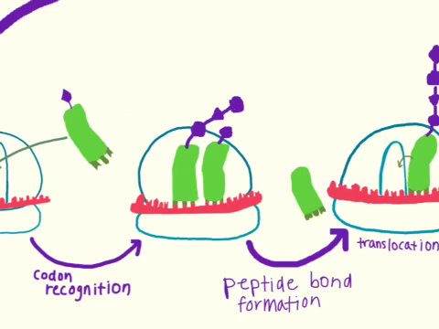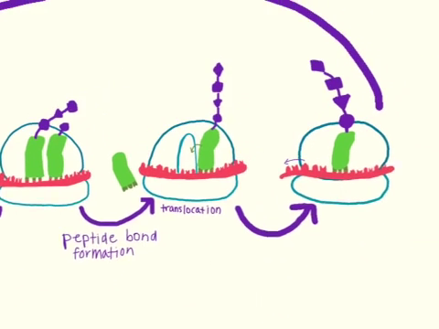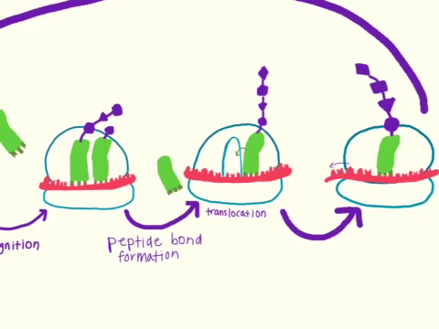In the third step, which is translocation, the P site tRNA leaves the ribosome, and then the ribosome moves the tRNA in the A site with the polypeptide chain, which has one amino acid added from the previous step, which is right over here, to the P site. The codon and the anticodon are bonded, and the mRNA and tRNA move as a unit.